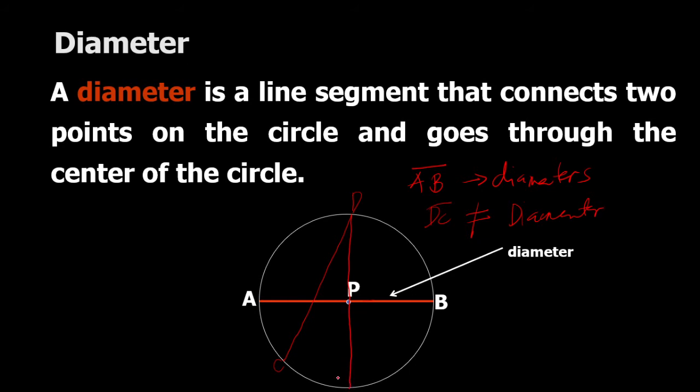So let's assume that this is a straight line. Say line segment DE is a diameter. Why? Because it passes through the center, which is point P. So that's the definition of a diameter.